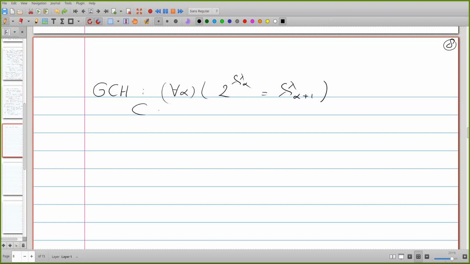Fortunately, it is consistent with ZFC. Thank you, Gödel. And it makes life relatively easy. If you look in Jech's book, Theorem 5.15 tells us how easy that life is.